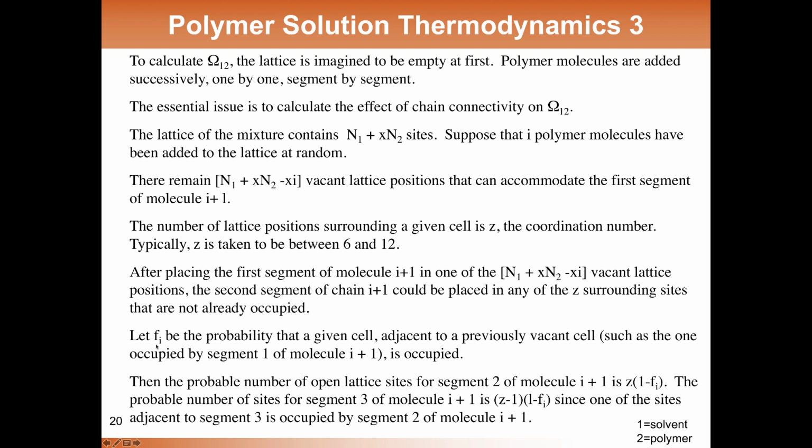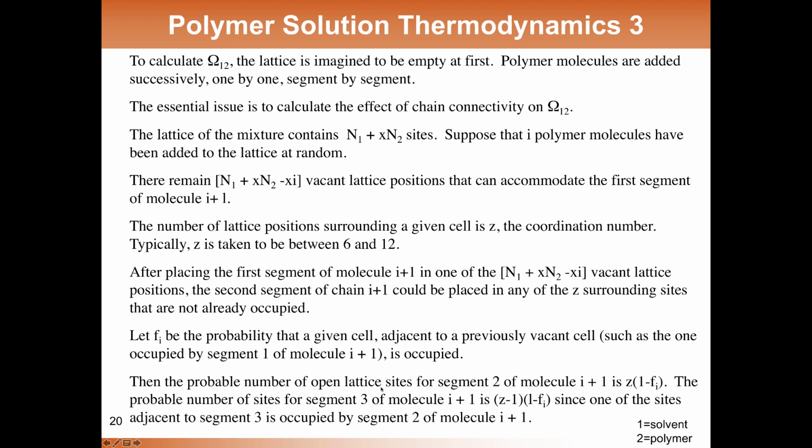We'll let f_i, following Flory, be the probability that a given cell which is adjacent to a previously vacant cell, such as the one occupied by segment 1 of molecule i+1, is occupied. So this is the fraction, the probability that a given cell is occupied when the lattice has a certain number of its sites filled and the remainder of them open.